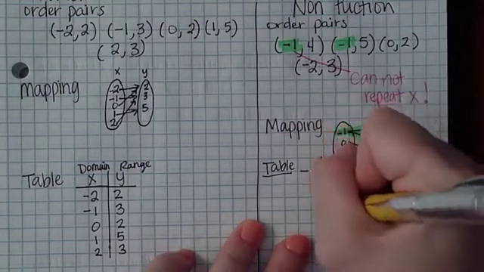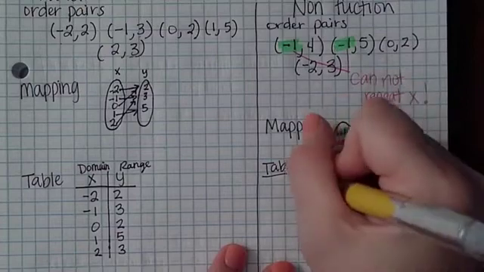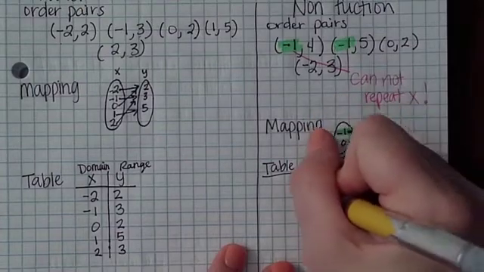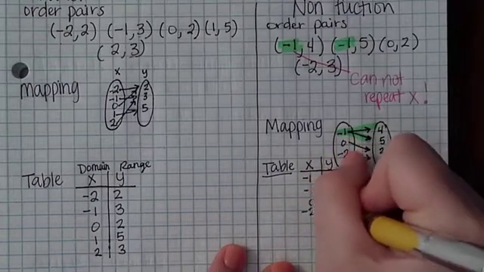I'm going to squeeze that in there because I need room for my graph. So then I'm going to use these same points, -1, 4, -1, 5, 0, 2, -2, 3.